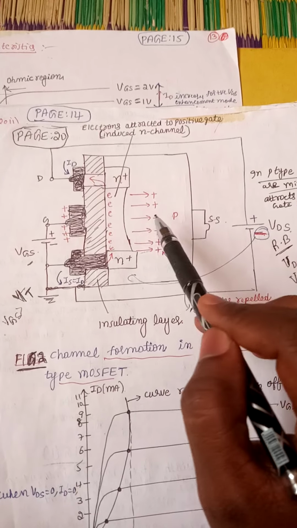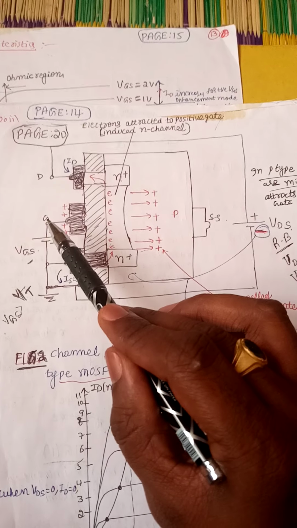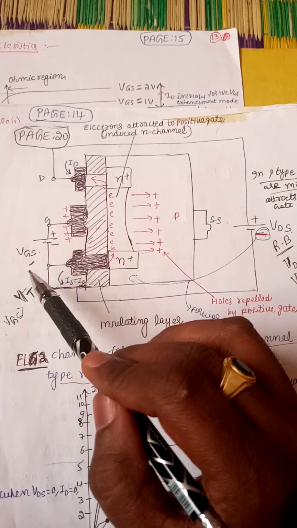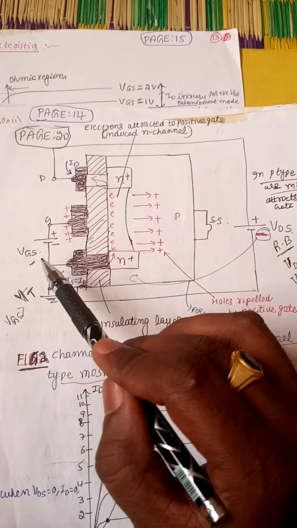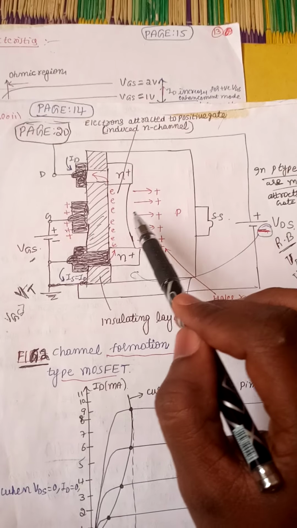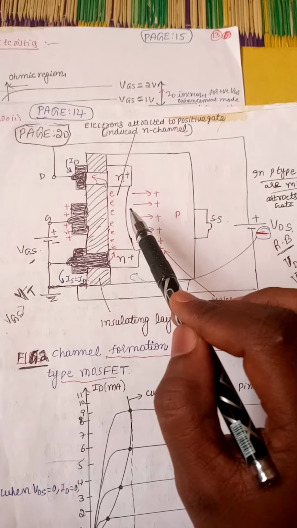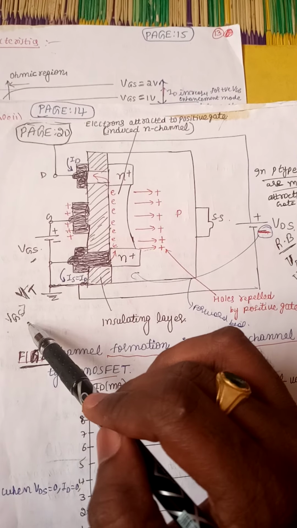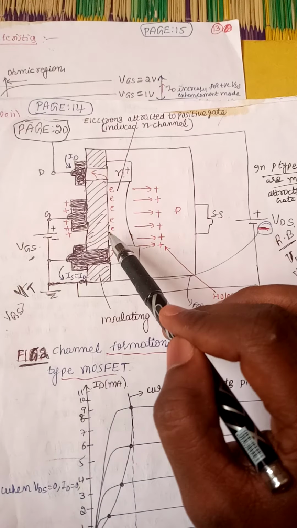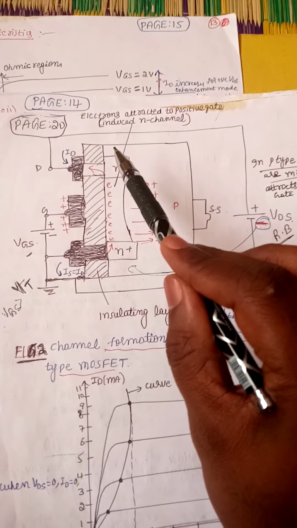Those holes will get repelled due to this positive potential of the gate. So for the initial values of VGS, the channel will start to form, meaning the accumulation of electrons in the channel will start. Once VGS is greater than VT, the threshold voltage, the electrons will start to move from source to drain.